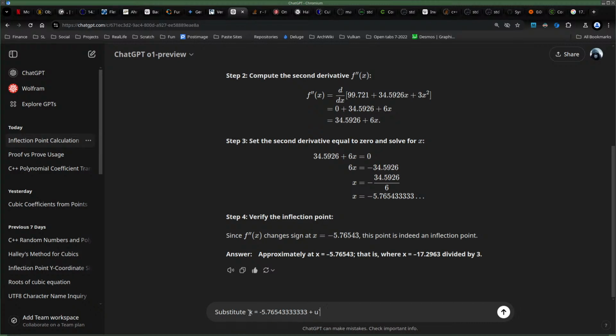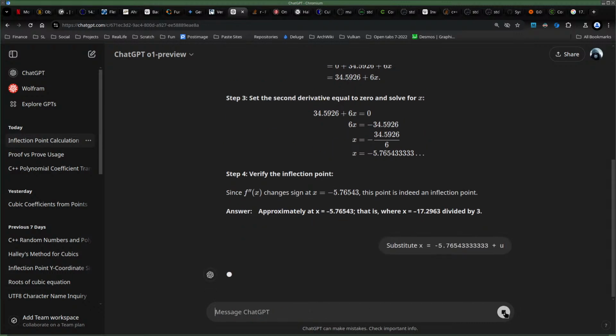So we replace, we move the inflection point to 0. Yeah, that should get it.